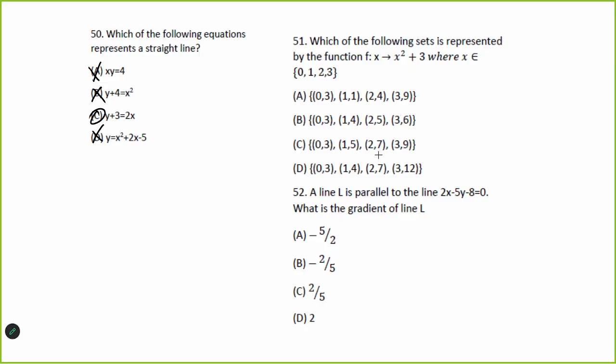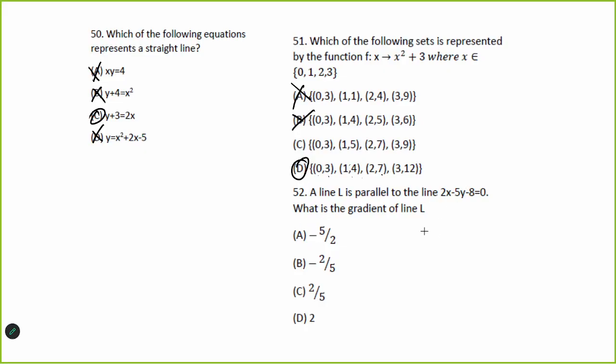So you're looking for 2, 7. Right, when x was 1, y was 4. So the only answer that has 0, 3, 1, 4, 2, 7 is, for number 51, D.